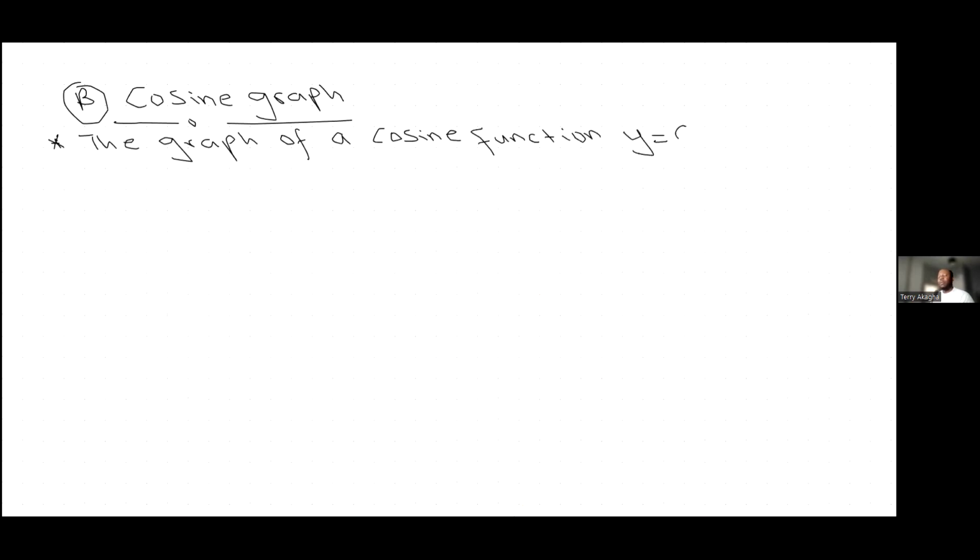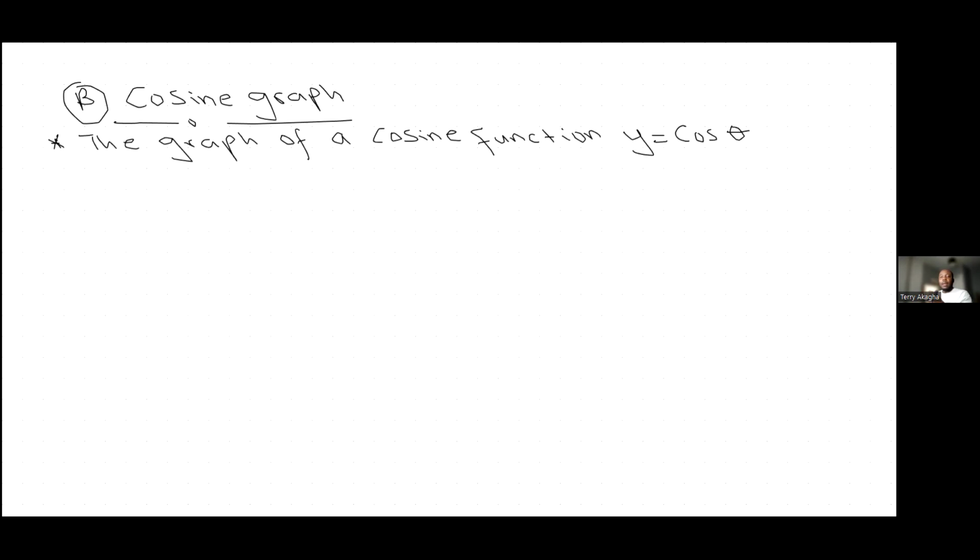Cos theta, right? So we're looking at the cosine function now, y equals cos theta. Here it looks exactly like the sine graph. That means they have the same wave pattern. Except that in this case, instead of starting from 0, it's going to start from 1.